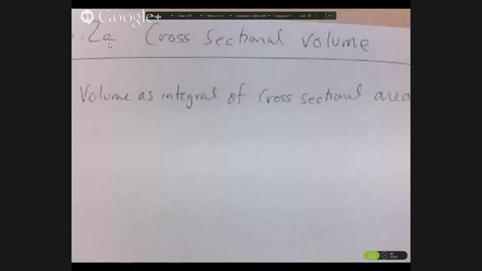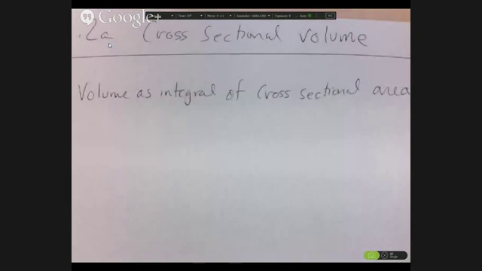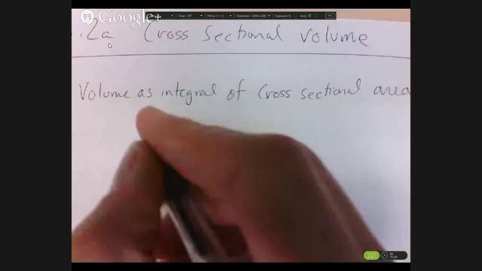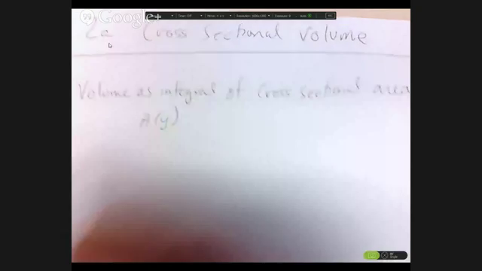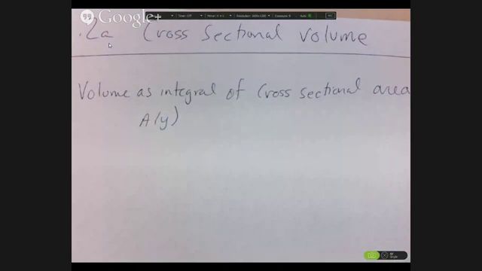Okay, longest theorem title or definition that you've had all year. A of y is a function.